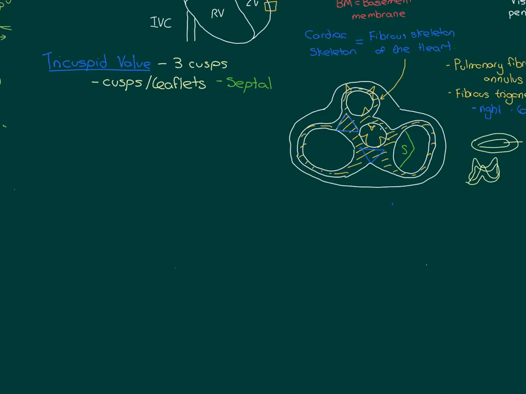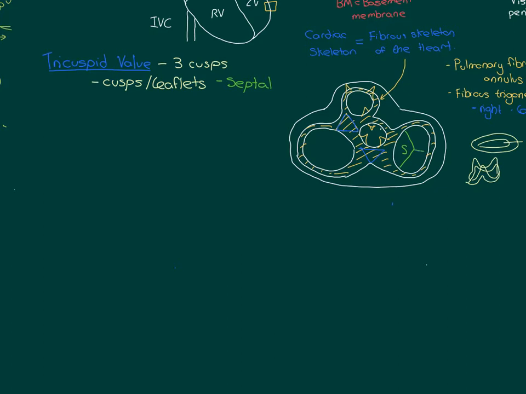So remember what I've just said. This part is the left ventricle, and this part is the right ventricle. Now, in between the 2 ventricles, you have the interventricular septum separating them. So you can see that this cusp is quite close to that interventricular septum, hence why it is called the septal cusp of the tricuspid valve.